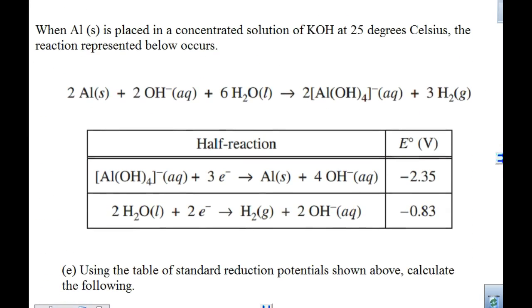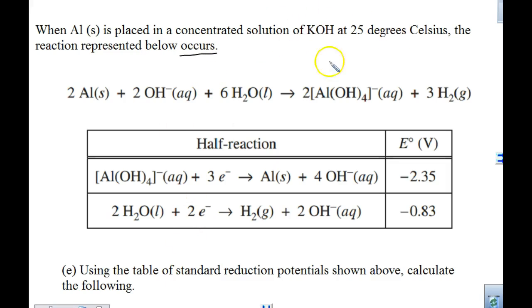Scrolling down, so here's where we switch gears to the voltaic or galvanic cell. And on this one, they tell you that they're putting aluminum into some concentrated potassium hydroxide, and the following occurs. Now, they don't want you to figure out if it will occur. They're telling you that it's going to happen.